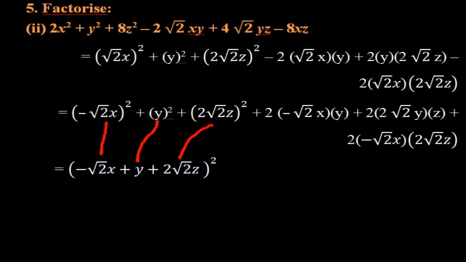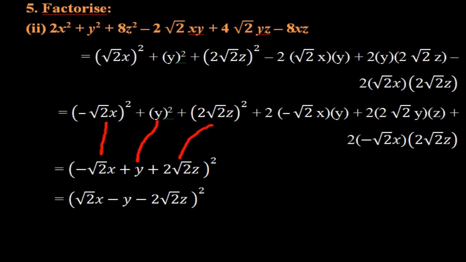Now usually we will write the positive term as the first term. So what I am going to do here is take this negative sign outside, in order to make the first term positive, which is easier for us. So this can be rewritten as root 2x minus y minus 2 root 2z whole square.